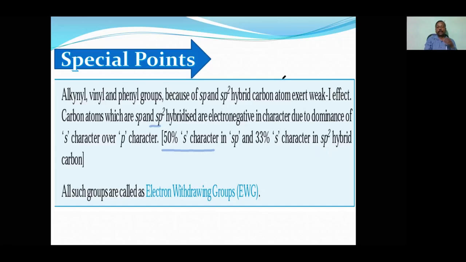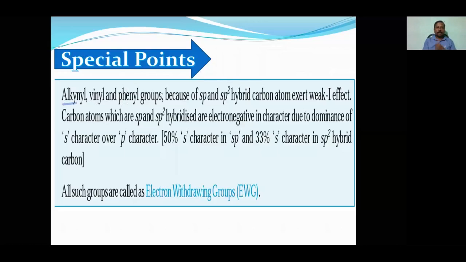Whichever atom or group has electronegativity more than carbon, they are all termed electron withdrawing groups. They are termed what? Electron withdrawing groups. Alkynyl, vinyl, phenyl.